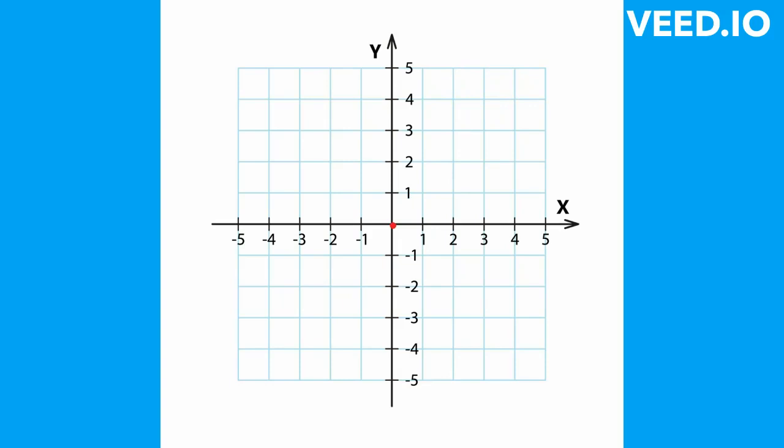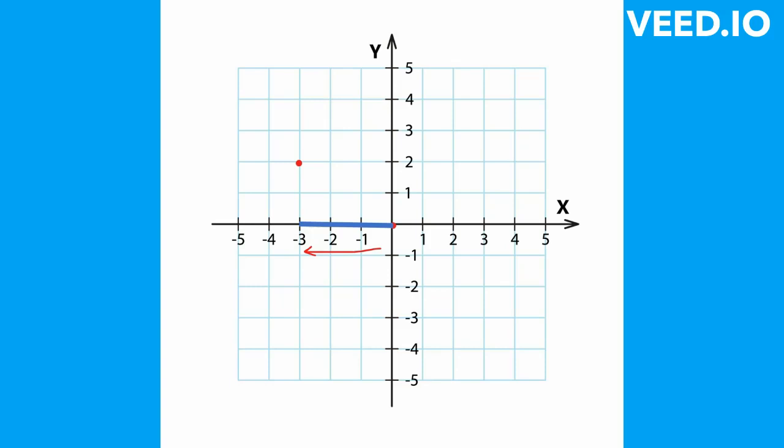We have a point here. Let's try to find the coordinates, the coordinate pair, that is the x coordinate and y coordinate. This particular point is 3 units from the origin on the x-axis, but in a negative direction, in a backward direction.